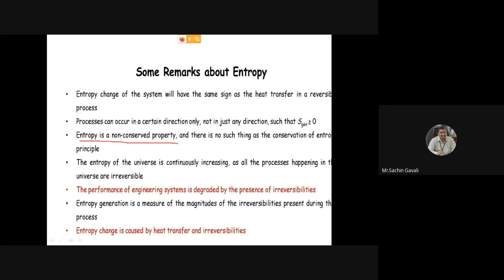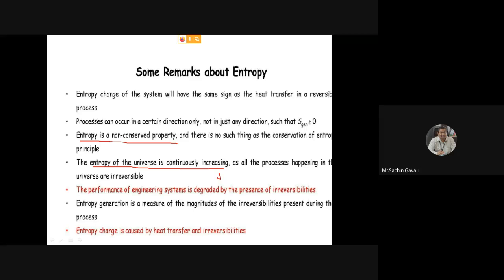But the total entropy of the universe is always increasing. It is not that the total entropy of the universe remains constant. So the total entropy of the universe goes on increasing, because the entropy of irreversible processes always goes on increasing. Only if the process is reversible will the entropy change be equal to zero.